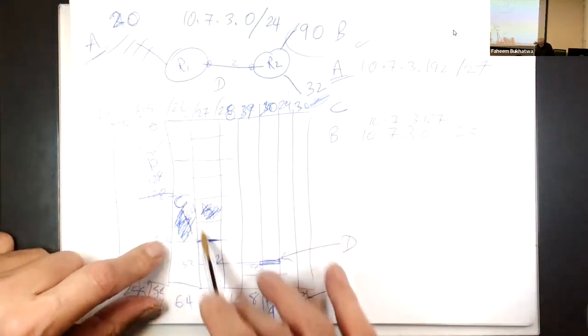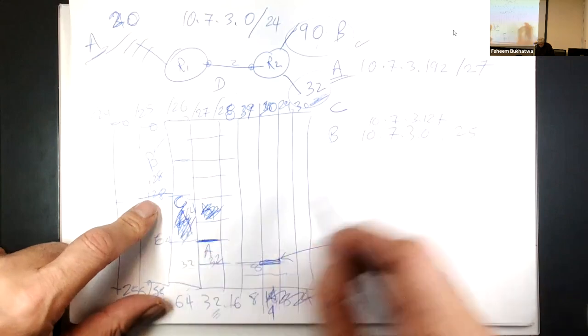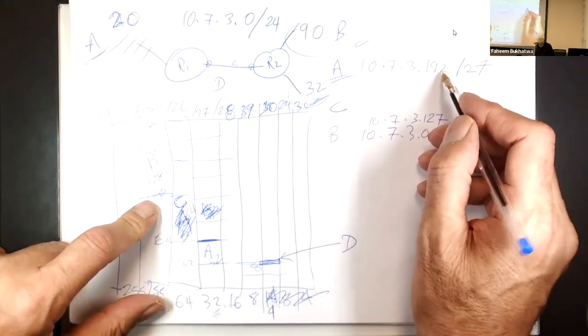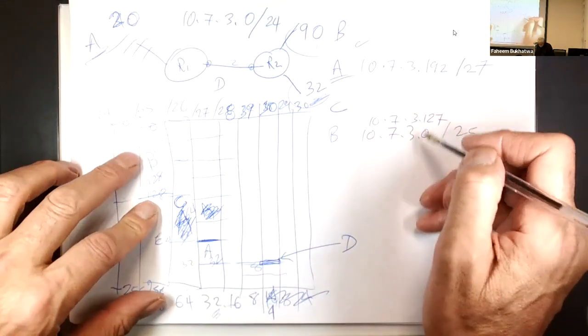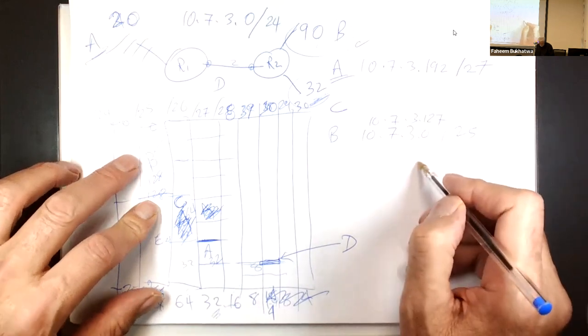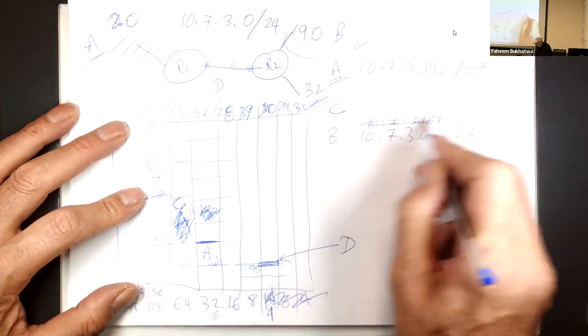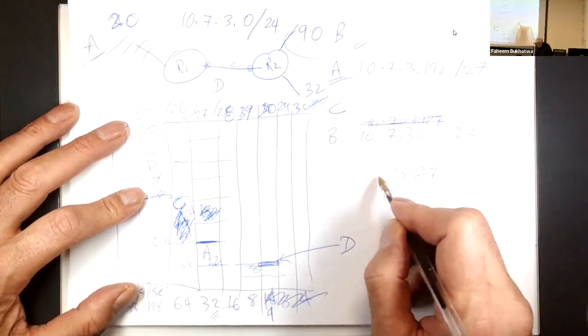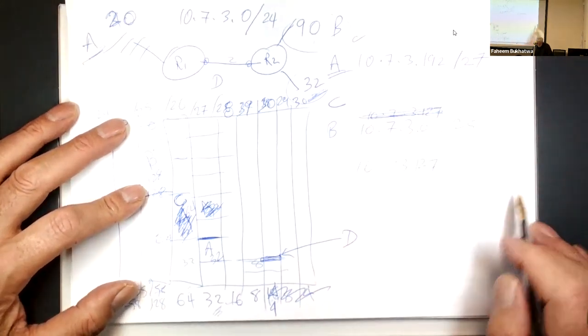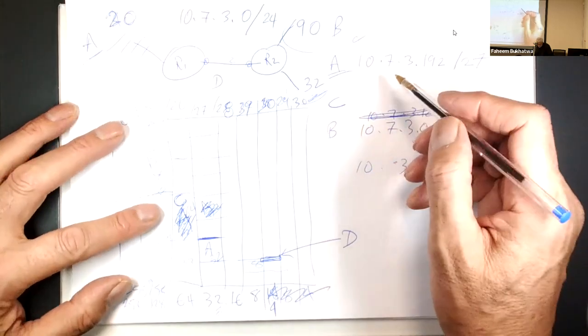What did we say for B? And it starts at 0, so 127 should be here. Okay, C, where does it start?